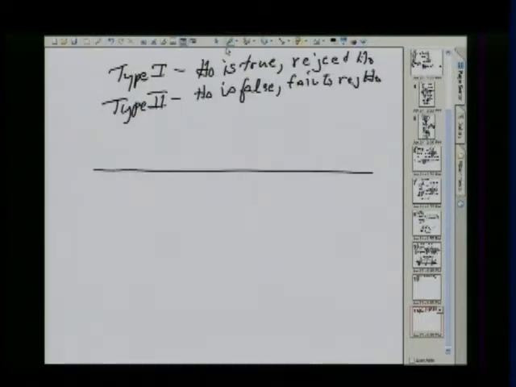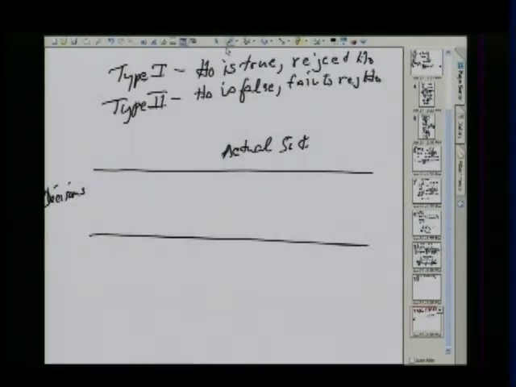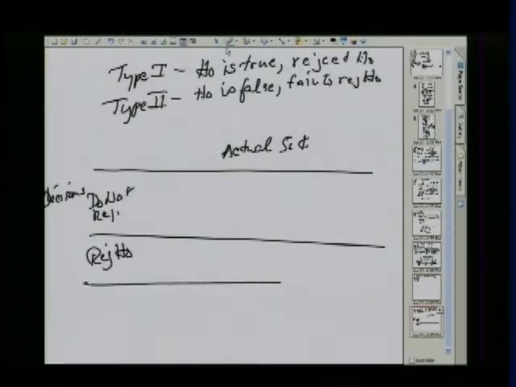We have the actual situation, or the truth, up here. Okay, and then we've got our decisions over on this axis. Now, there's only 2 possible decisions we can make. We can fail to reject the null, or do not reject the null, and reject the null. Those are the 2 choices. All right? And of course, it would be easy to make that decision if we knew whether the null was true or not.